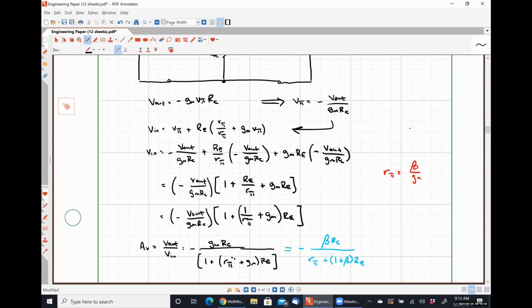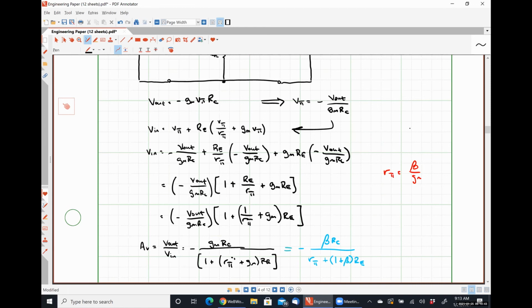We know what beta is. R pi is beta over gm. We don't know what gm is, but gm is based on the operating point conditions, right? gm inherently is IC divided by VT. So this is an equation which relates a known quantity to two unknown parameters, IC through either R pi or gm, depending on which way you want to look at this, as well as that unknown resistance RC.